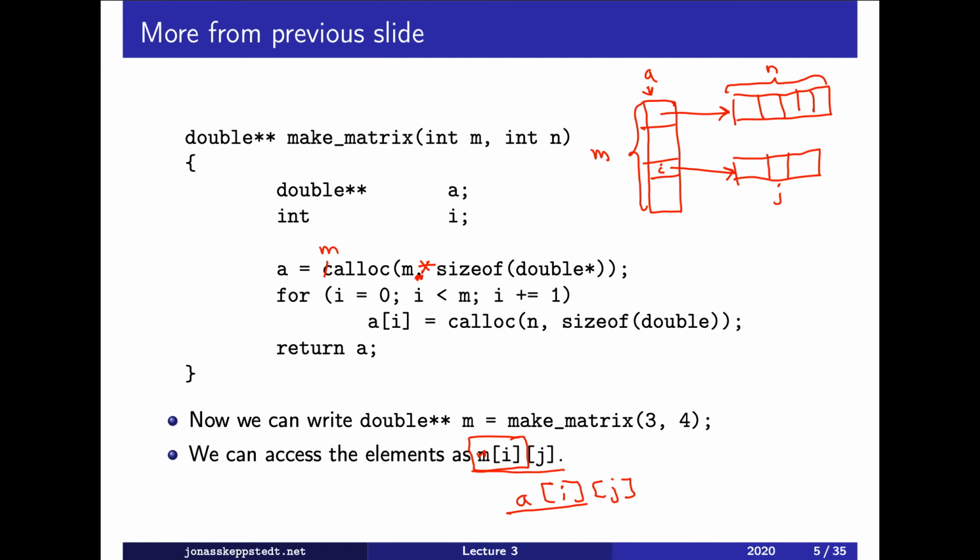It's not perfect. Well, it's more convenient, but it's not always ideal to use this layout, because all these rows will typically be placed in different locations in memory. There is no guarantee that m consecutive calls to calloc will get memory after each other.